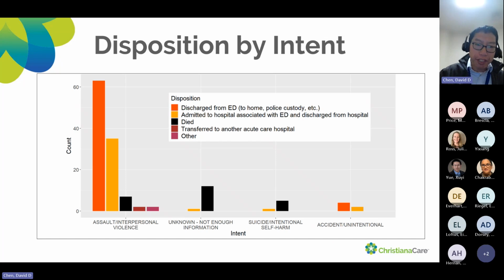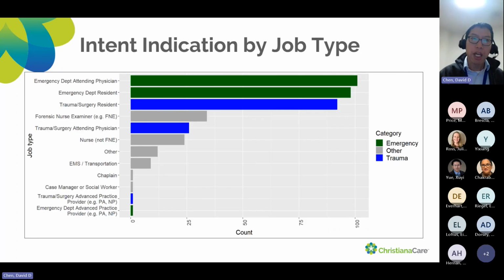When we dive deeper into this, many of these patients who were classified as true assault were in fact discharged from the emergency department, which helps us hone in on where the sources of this ICD coding ambiguity or misclassification come from. And when we dig further into who is doing the documentation behind this, we find that if they're in the emergency department for acute injury, it typically starts with the emergency clinicians assigning the ICD code, and then this tends to carry forward to discharge.